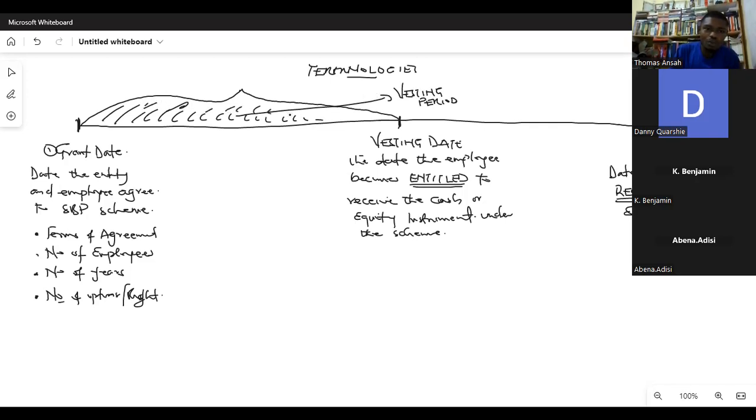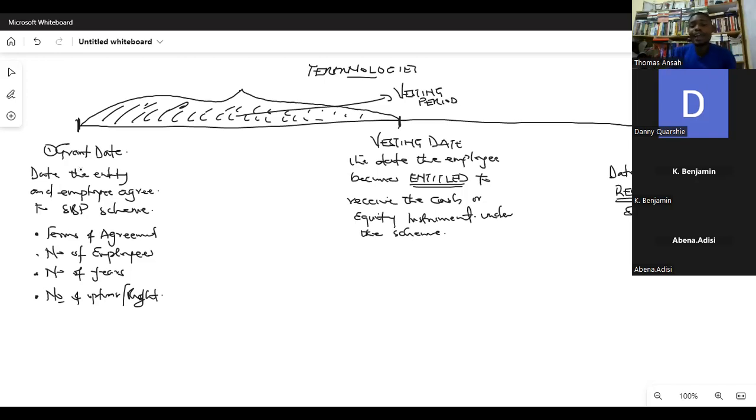So for example, we are having a share-based payment agreement. I've contacted you as the board of director of my company, and I've said that, okay, your bonus will be based on, let's say I've given you equity settled share-based payment. Today is the day we are making the agreement, and so therefore today is our grant date.